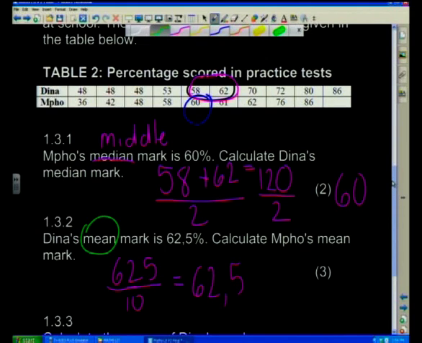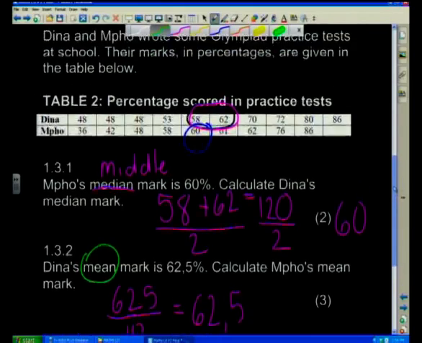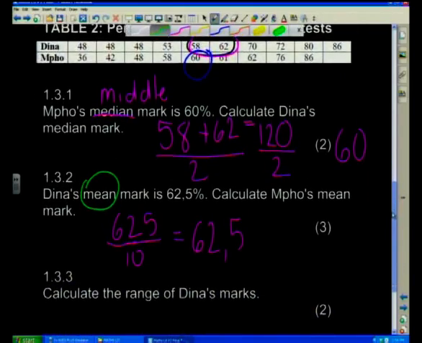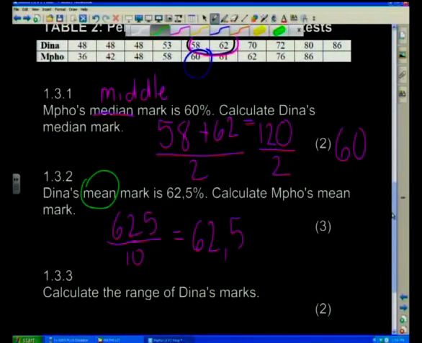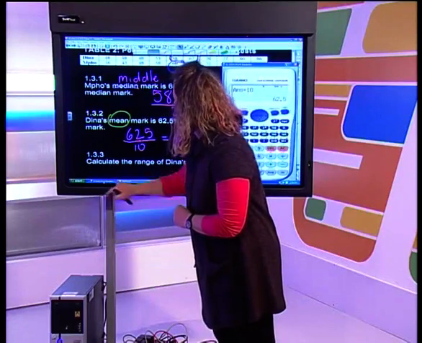We're going to follow the same process as we followed to work out Dina's mean mark. We're going to add up all of the percentages, count how many there are, and then divide by that amount of numbers. And I'm going to stress again that you need to push the equal sign before you divide. Let's get the calculator.